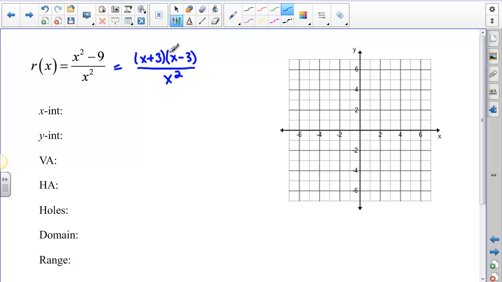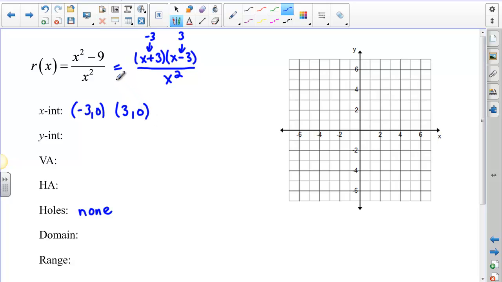Now, looking at both the top and the bottom, we don't have any factors in common, and therefore there are no holes. Okay? The x-intercepts are the factors or the zeros of the top, and so this factor will give me a 0 of negative 3. This factor will give me a 0 of positive 3. So I have two x-intercepts, one at negative 3, 0, and one at 3, 0.